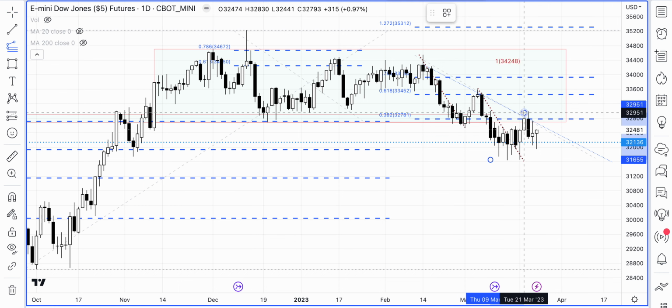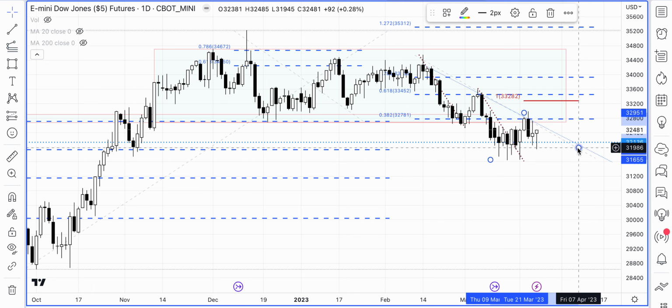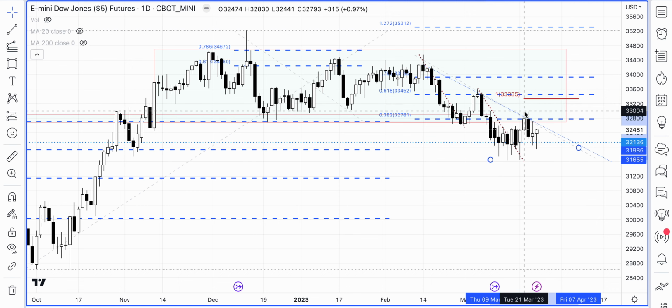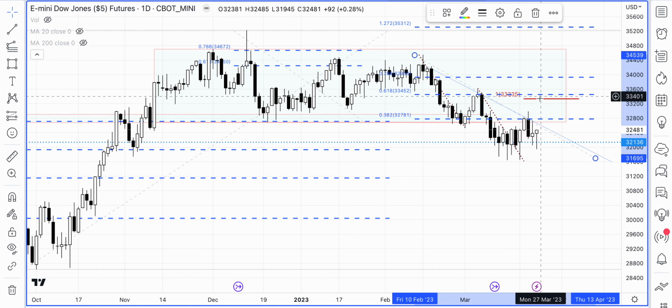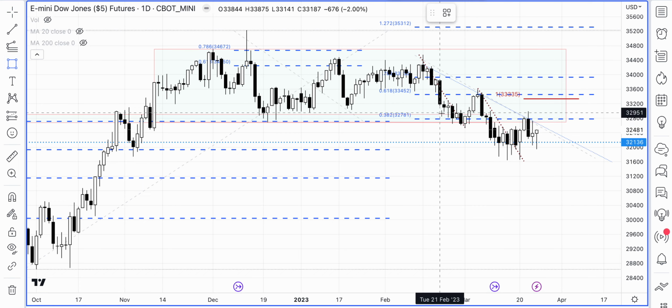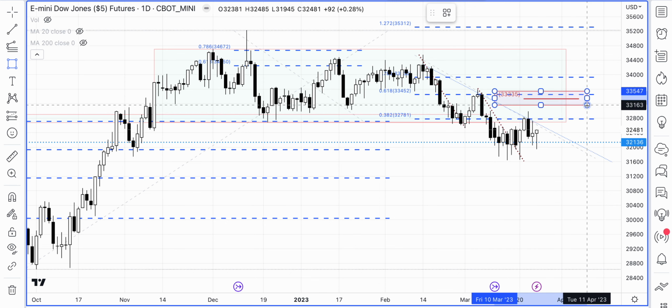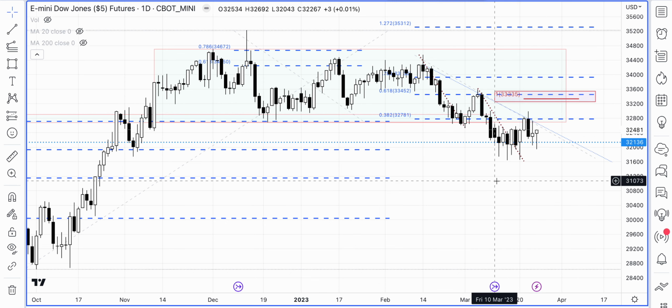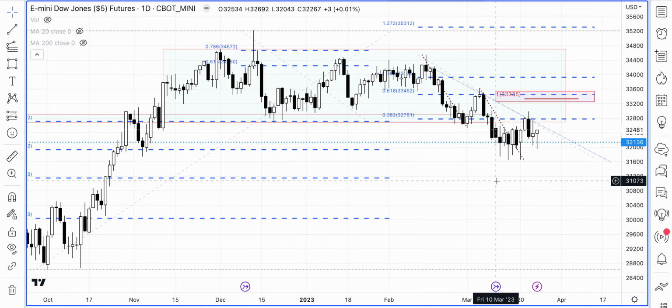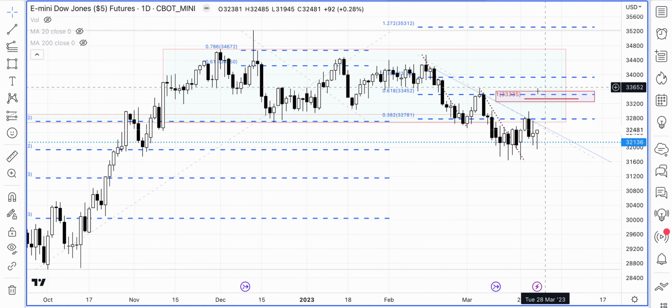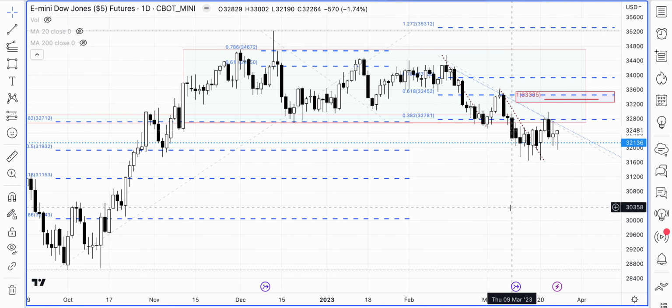And if you look at it like this, it's to be drawn a little bit higher. Yeah, so maybe it goes up to the 61.8% Fibonacci retracement, and the ABCD comes around 33,322. So that might be another level for us to take a look at here, if there's gonna be buying coming in the market. From these levels, we'll have to reassess what the market is doing.